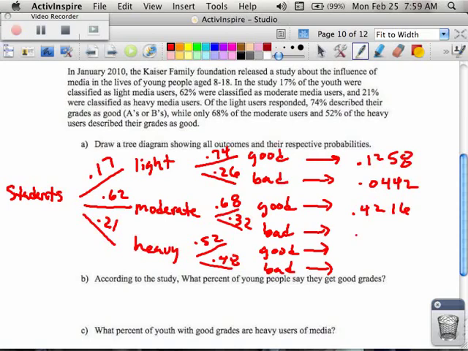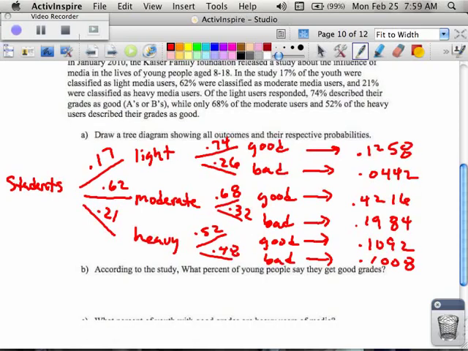And then 0.1984. And then 0.1092, and 0.1008.